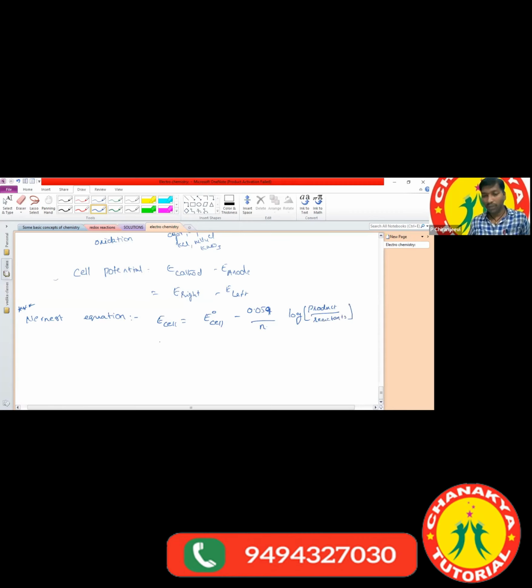After simplification I wrote this formula.